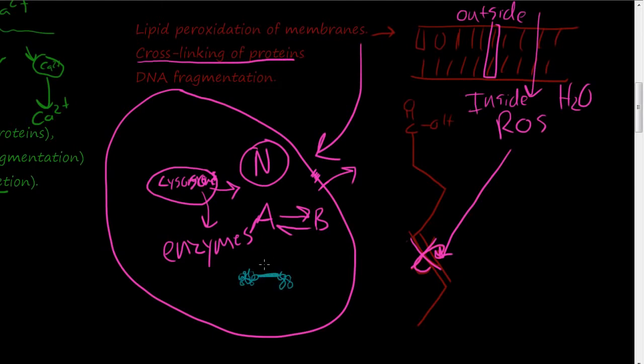So then now these two proteins don't work. They could be two enzymes that are stuck together, so now the enzymes won't work. And if enzymes don't work, that could cause problems with the cell, not converting A to B or B to A, and that reaction wouldn't happen, which would maybe kill the cell.